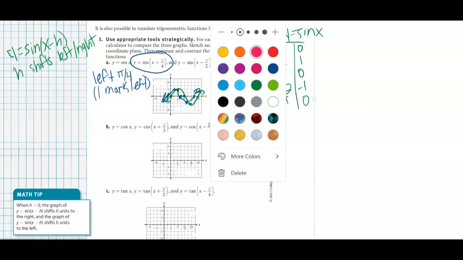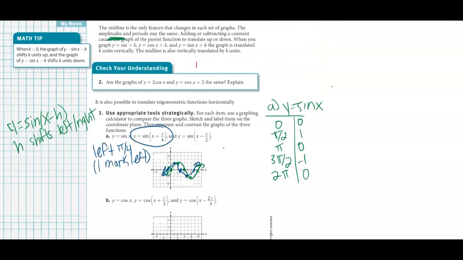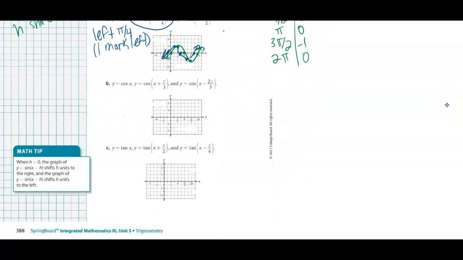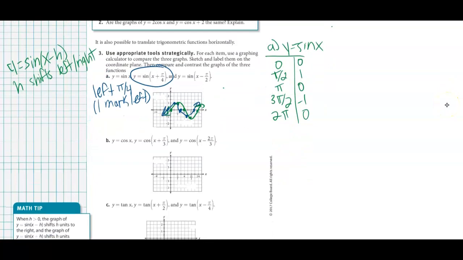And then when I do this x minus pi over 2, that one is going to go right pi over 2. So I look at that graph and I'm going to see 2 tick marks would be pi over 2. So I'm going to move 2 marks right.